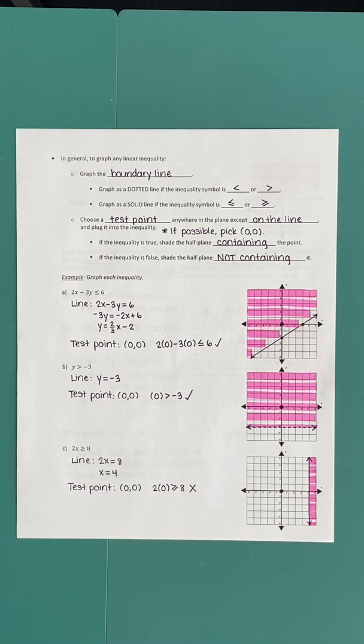What's going to happen once we plug in the values of our test point is we're either going to get an inequality that is true or an inequality that is false. If we get an inequality that's true when we plug in the values of our point, then we know that point is part of our solution, part of the region we want.